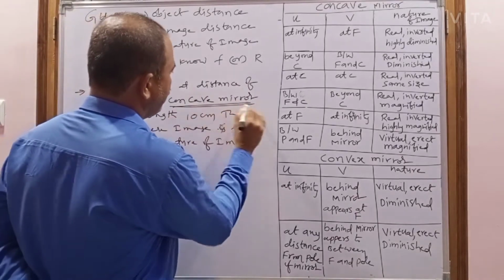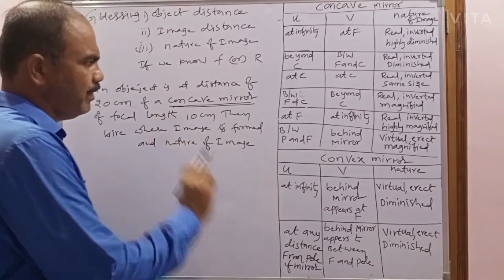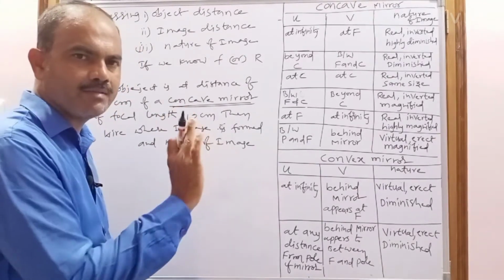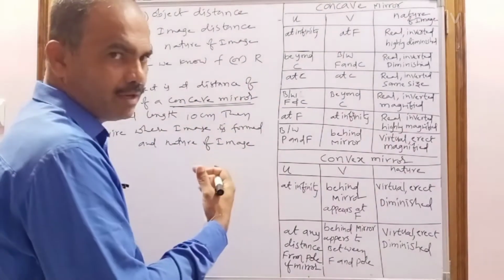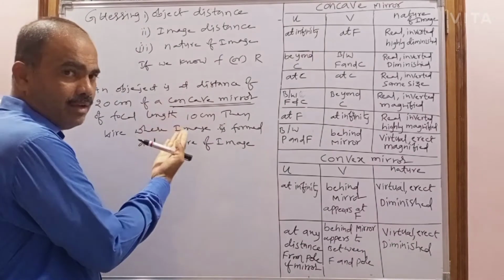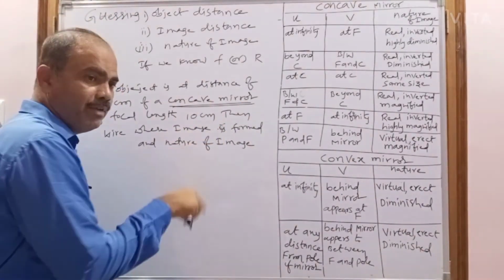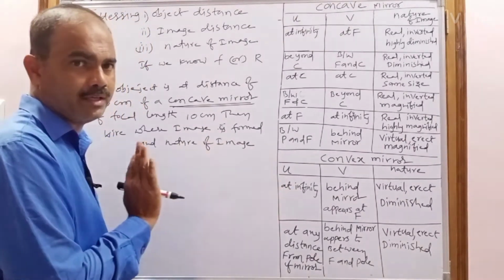This is very important. When we are reading the problem, first of all identify which mirror is given. And after that, in this problem, whether the object distance is given or the image distance is given, whether the focal length is given, whether the radius of curvature is given. That is very important to identify.